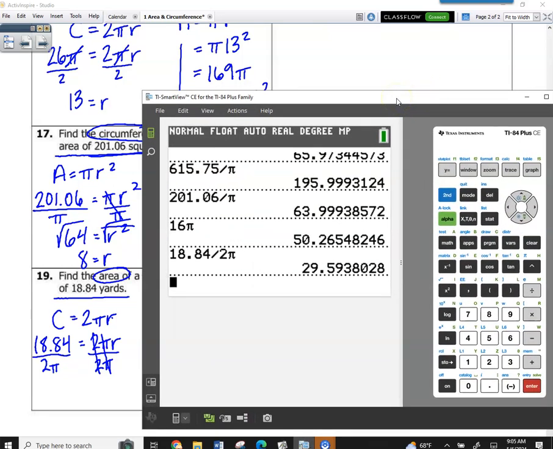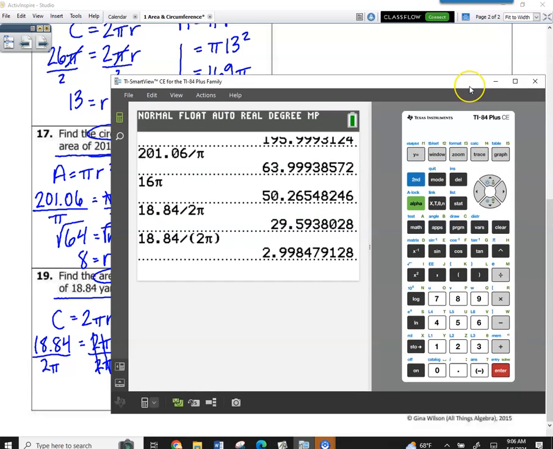Here's the reason why it's wrong. If you type it like this in the calculator, it's going to divide by 2, but then whatever that is, it's multiplying it by pi. So that's a problem. If you're going to go about it this way, then I would encourage you to either use parentheses, 18.84 divided by parentheses 2 pi, because that's clustering it together, or I like to just use the fraction print.